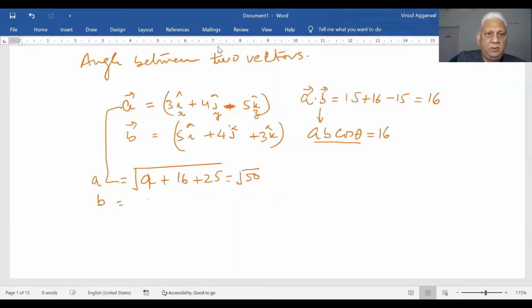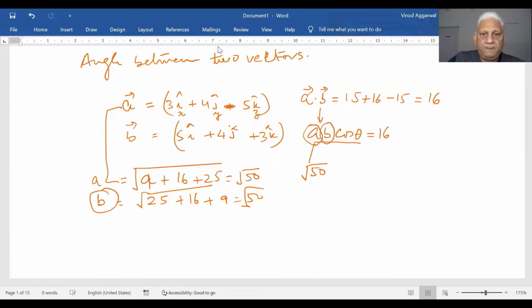Similarly, B is the root of 25 plus 16 plus 9, which is again root 50. So root 50 into root 50 into cos theta is equal to 16, so 50 cos theta is equal to 16, or cos theta is equal to 16 by 50.